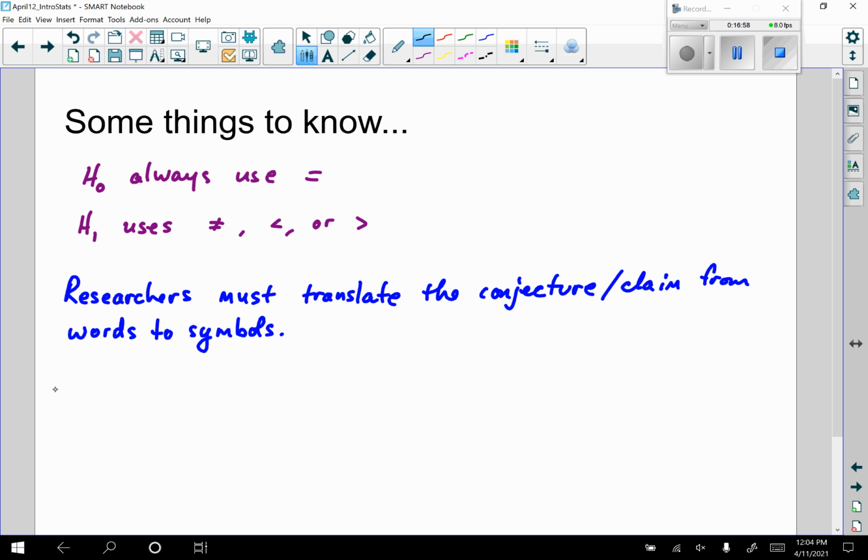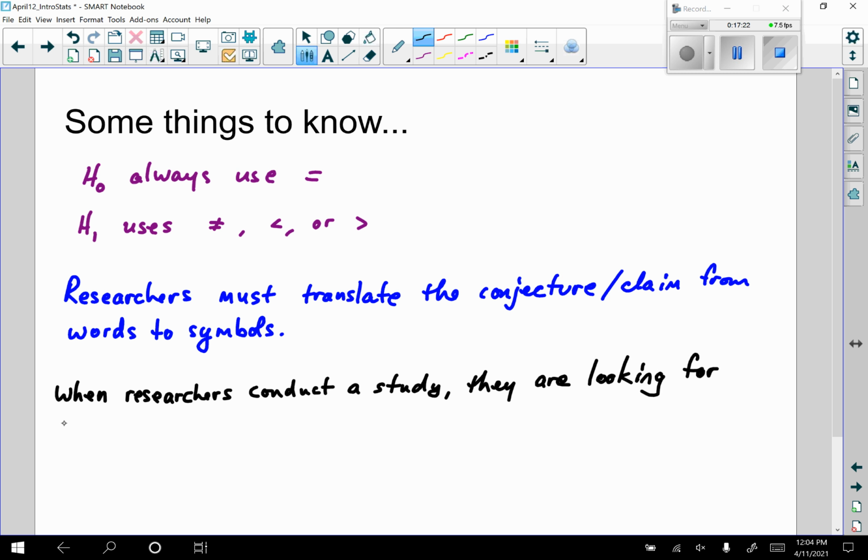When the researchers conduct a study, they are looking for evidence to support their claim. Usually the claim is the alternative hypothesis, also known as the research hypothesis.